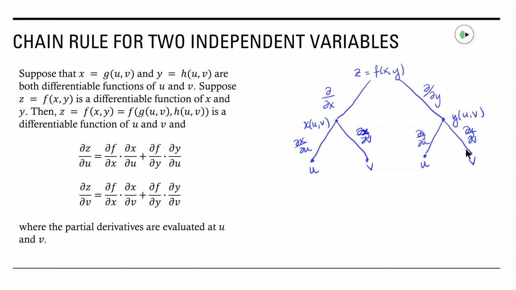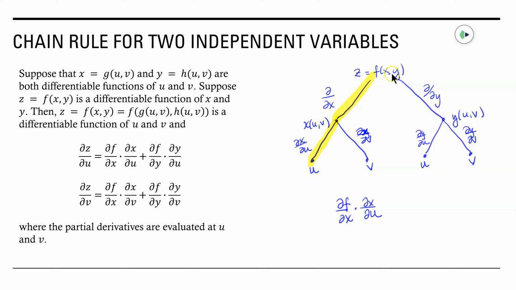So we could start with z, and we could come down this path. So we can have the partial of f with respect to x. And if I continue along this path, then I have the times the partial of x with respect to u.